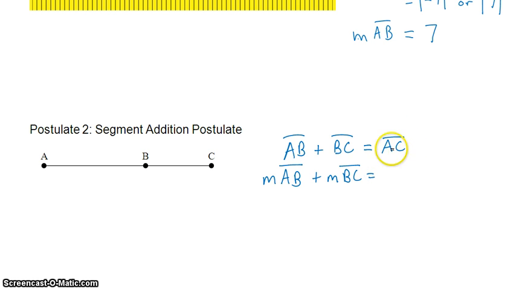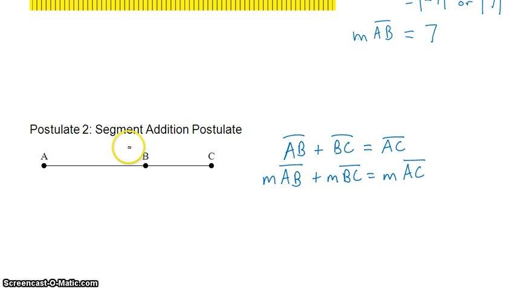And right now this is AC, and I can switch this to the measure of AC. This doesn't seem like a big change, but the segment addition postulate allows me to go from a segment to its measure. This is a geometric figure. The measure is a number.